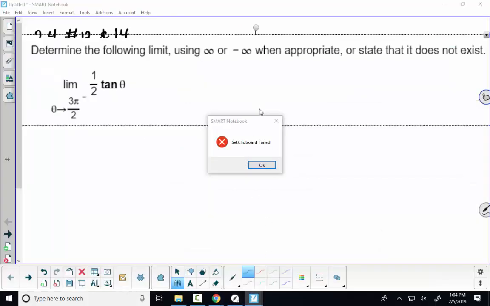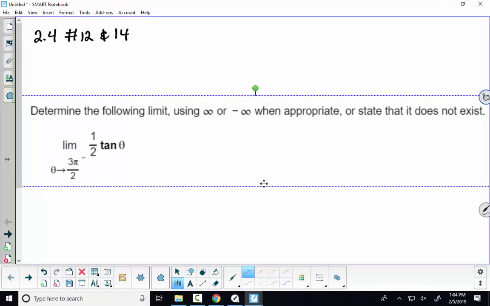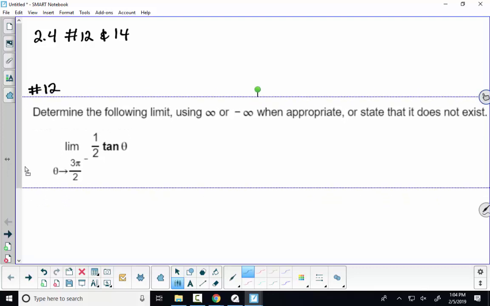So we're asked 12. Determine the following limit. Use infinity or negative infinity when appropriate, or state that it does not exist. Okay, so like we looked at that one example last class where it was a limit on cotangent, I believe. So let's think of this one the same way.